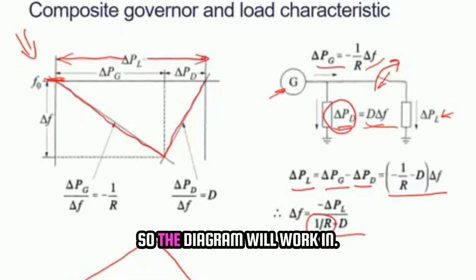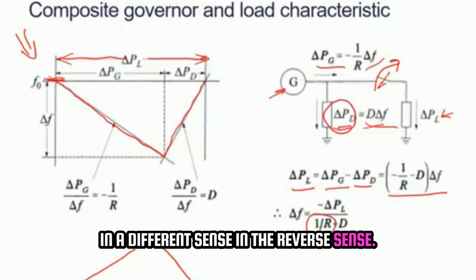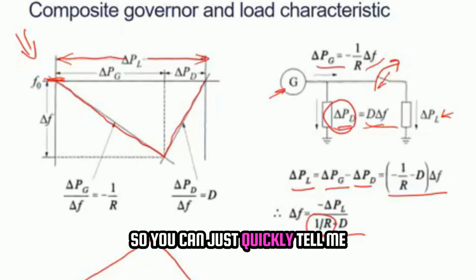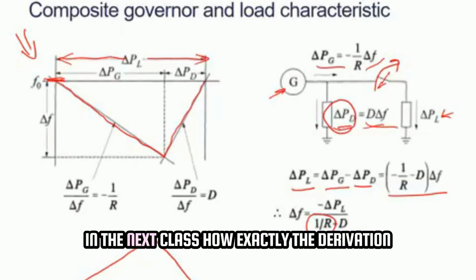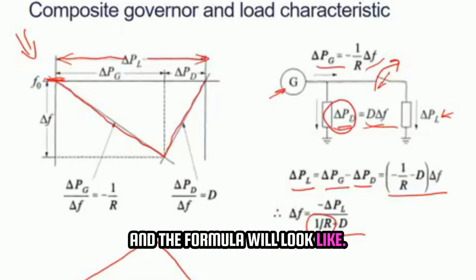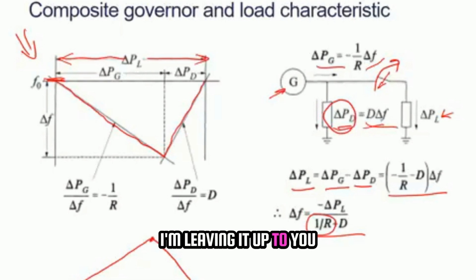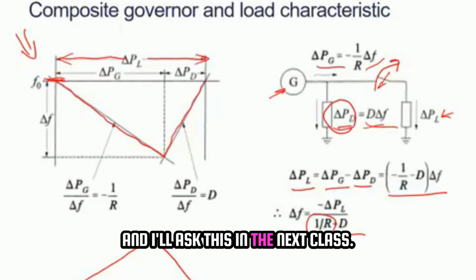So the diagram will work in the reverse sense. Tell me in the next class how exactly the derivation and the formula will look like. I'm leaving it up to you, and I'll ask this in the next class.